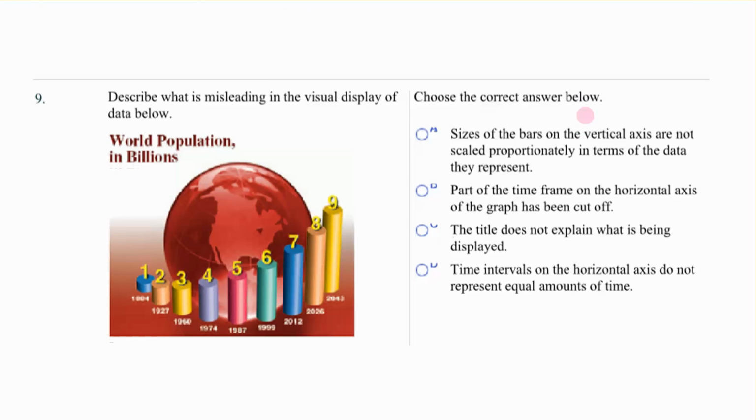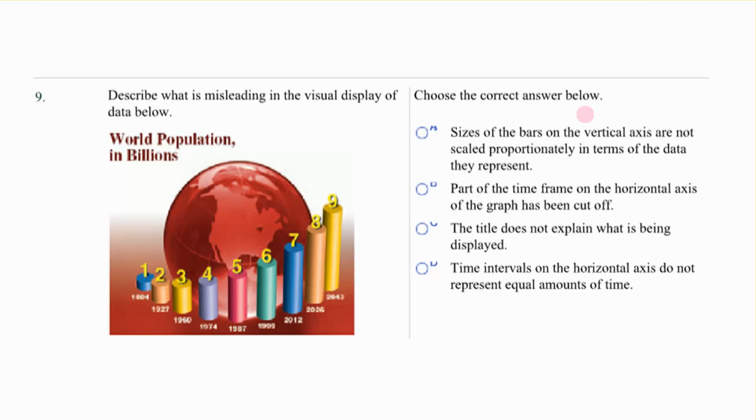All right. If you've read a little bit in the book, you have talked about how you can mislead people by your visual display. So let's take a look at this one. This describes the world, and it's a little hard to see these. I think this is 1904, 1927, 1960, 74, 87, 98, 12, 26, 2043.